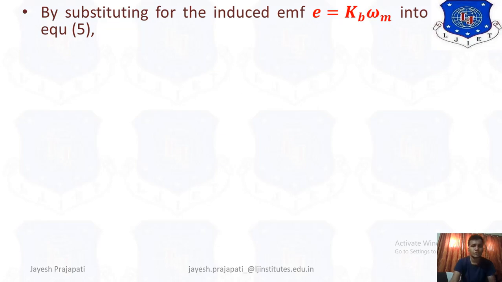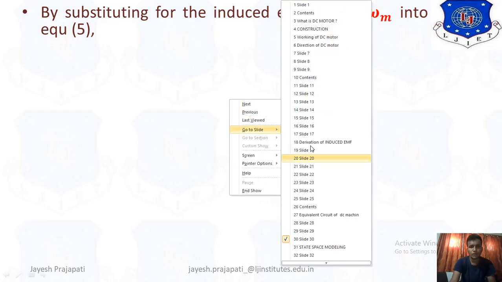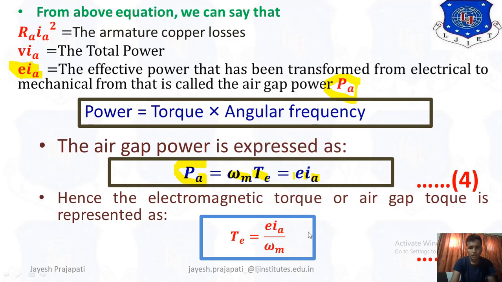That is substituted in equation number 5. In this equation number 5, if we substitute E is equal to KB into omega m, then omega m cancels out. So the equation for electromagnetic torque is TE is equal to KB into IA.